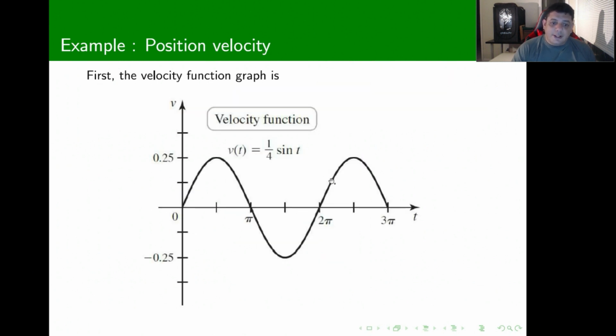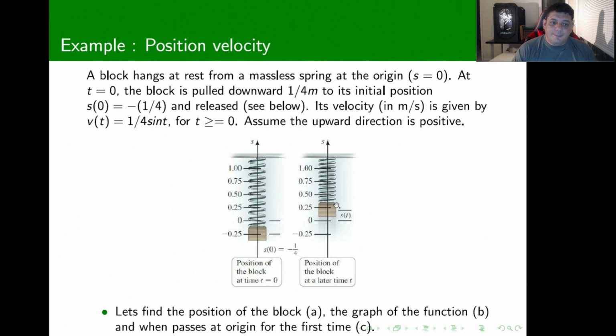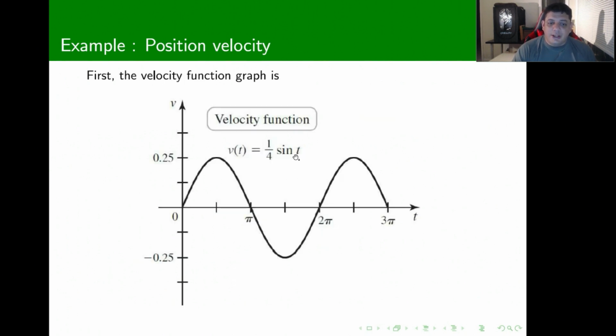So the first thing is that the velocity function is given by 1/4 and then sine of t. As you can see, we're going with the sine function, oscillating from 0 onward up to 3 pi. And so we can just go ahead and compute what my position function is going to be.